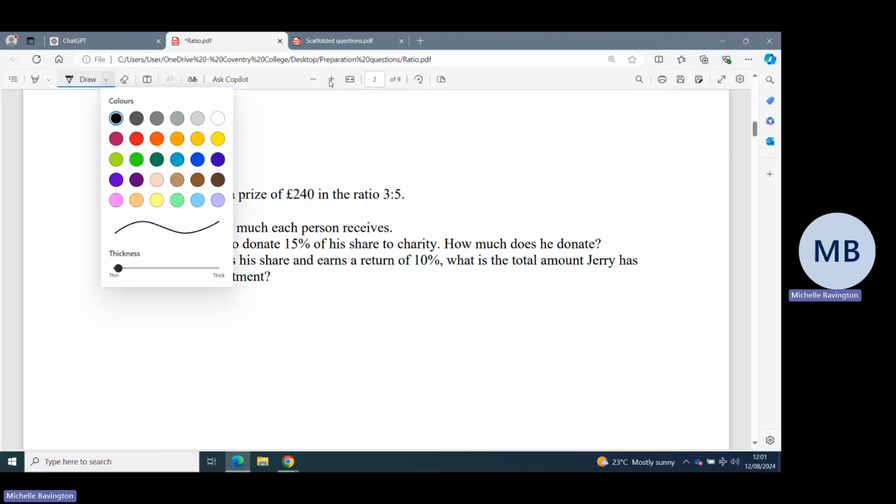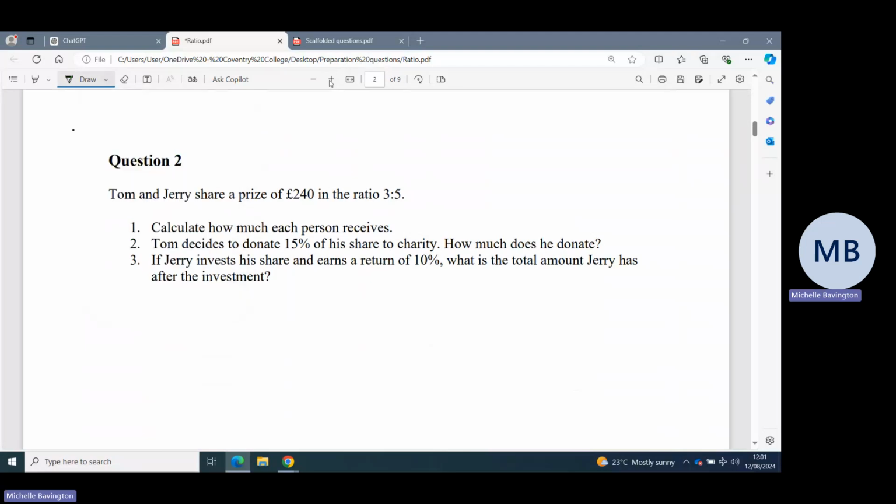Tom and Jerry share a prize of 240 in the ratio. Right, let's sort that bit out first. Tom, Jerry, Tom and Jerry, 1, 2, 3, 1, 2, 3, 4, 5. And they're sharing it, both of them. So 240 divided by 1, 2, 3, 4, 5, 6, 7, 8 equals 30.